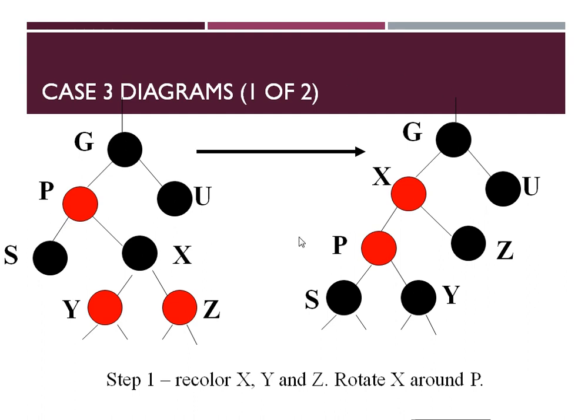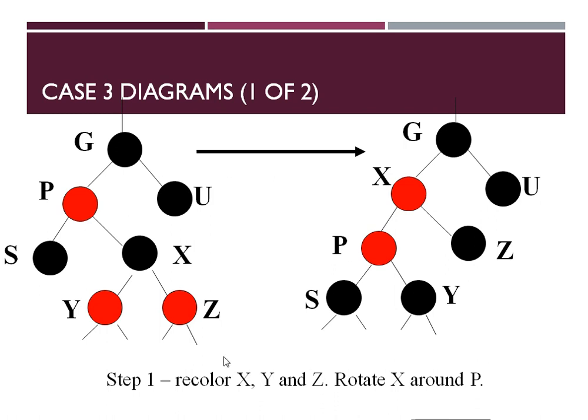We'll do the rotation with these 3 nodes P, X and Z, and here we will do rotation towards the left side. So X will become the root here, P will go to the left, and Z will become the right node of X. See, this is shown here. This is step 1.